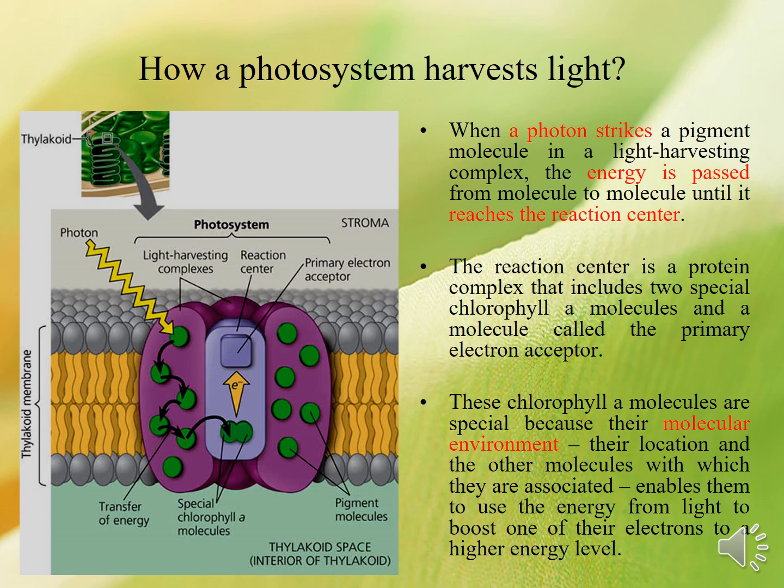It has the best location, in the middle area, where it is associated with all the accessory pigments that are able to trap the light and channel it to the chlorophyll.